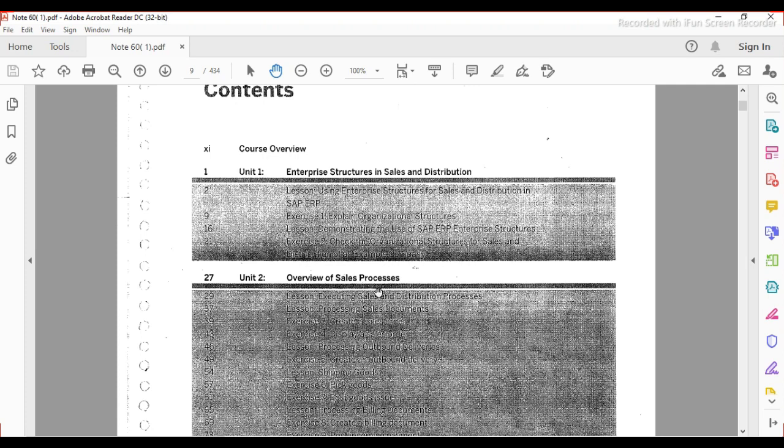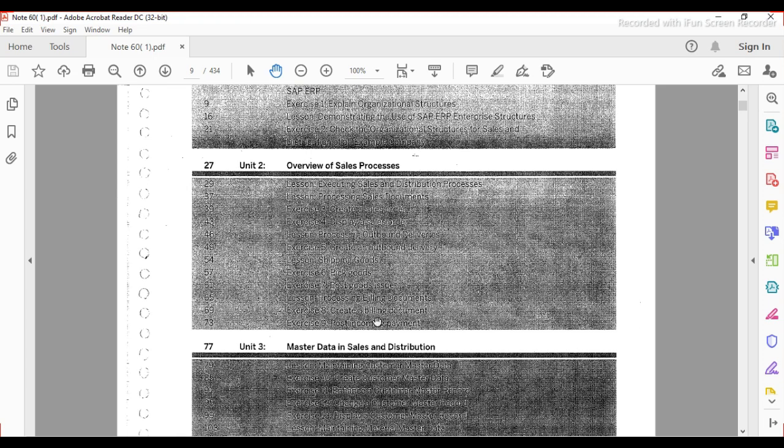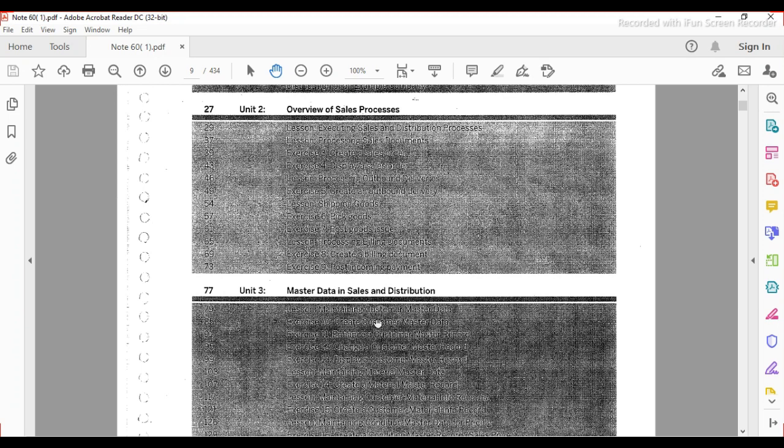Then we have the sales process, where we will study how the sales cycle happens in the system, starting from inquiry, quotation, then order, then delivery, then PGI, post goods issue, then invoice billing. Then we have master data, where we will study the customer master, the material master, the price-related master, the condition master, the output master, and the customer material information master data. These are the various master data that come under the SD side.